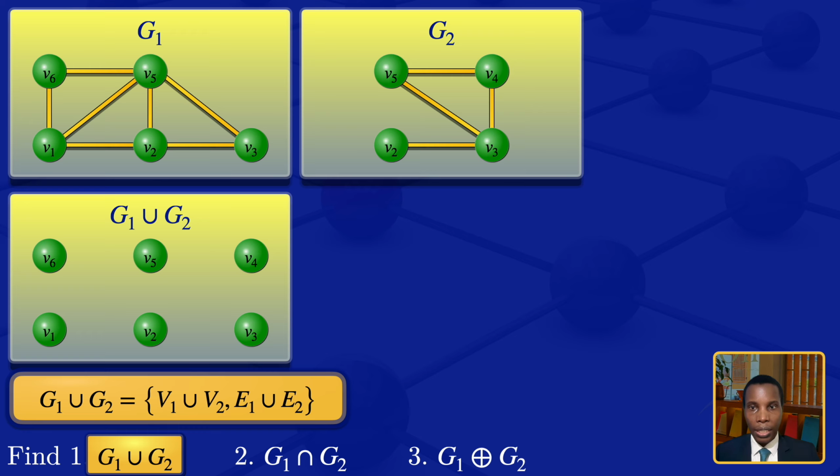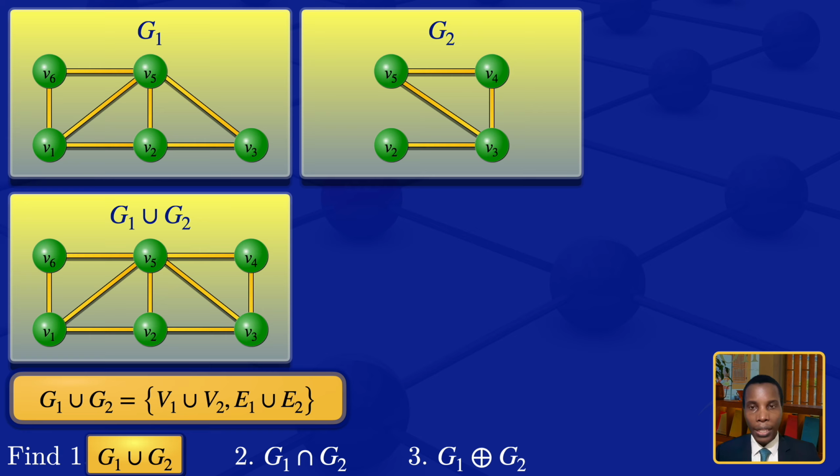We have this edge here from V1 to V2, and then from V2 to V3, then from V3 to V5, and then from V5 to V6, and then the next one, V1 to V6, and then we have another one there, V1 to V5, and then the next one we have V2 to V5, and then we have V3 to V4, and then we have V4 to V5.